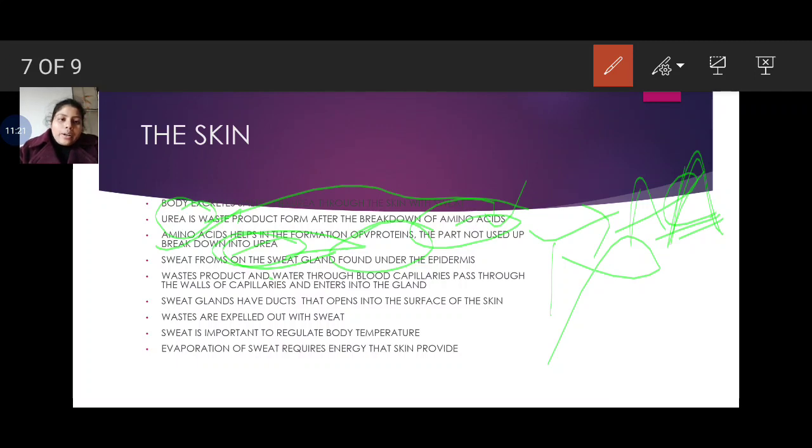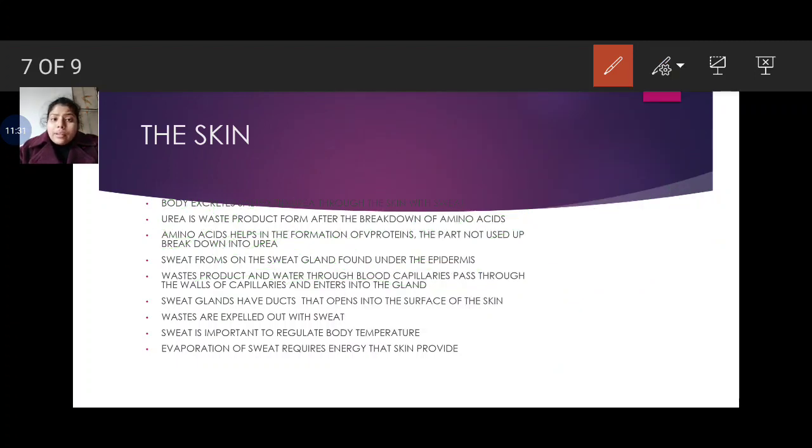So sweat from the sweat glands comes out. Where will you find this sweat gland? Under the epidermis. Waste products and water pass through the walls of the blood capillaries and enter the gland.